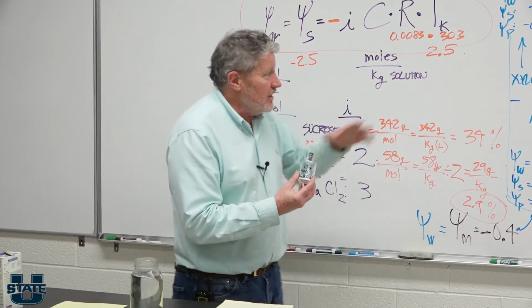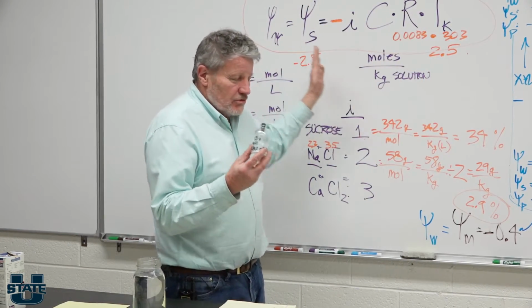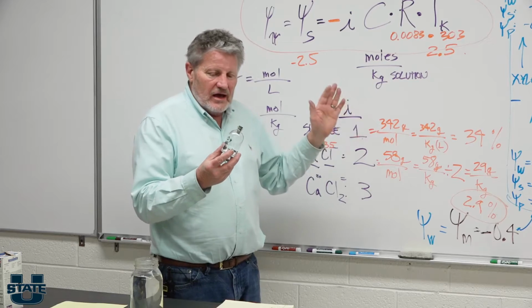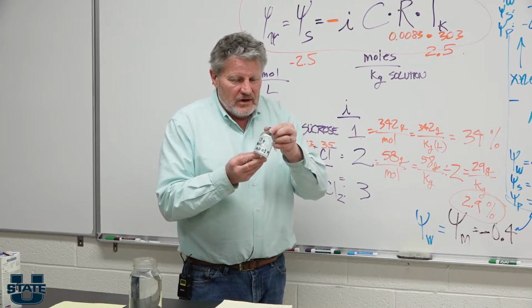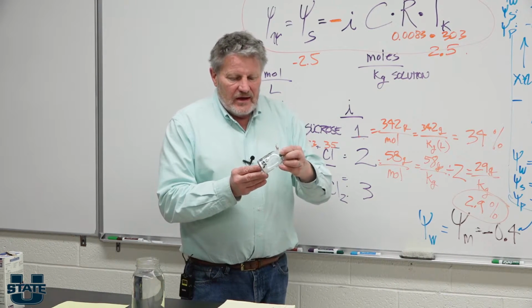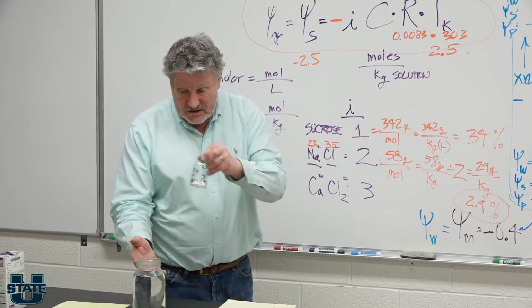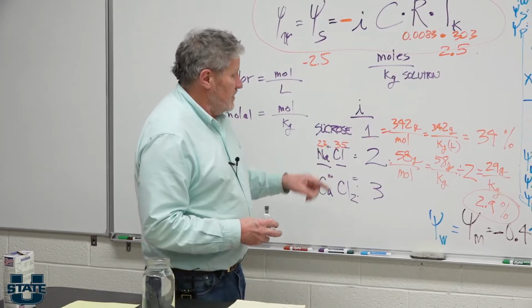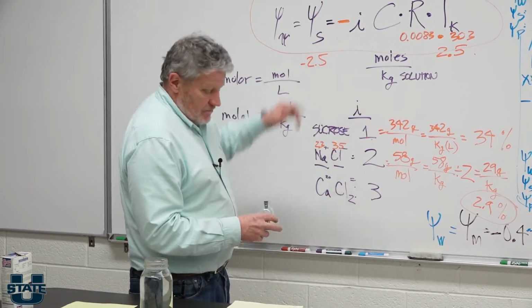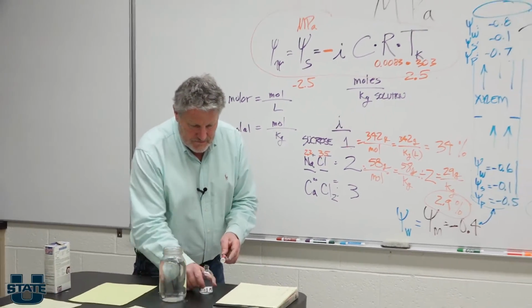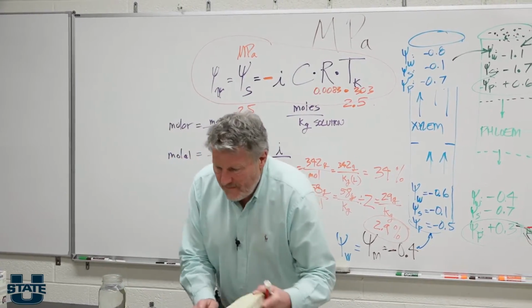So if we're relating plant water potential to what you do every day in a kitchen, a tablespoon of salt in a liter of water, meaning a quart like this, is -1 megapascal. I'm going to put that up here. We'll put this right here.